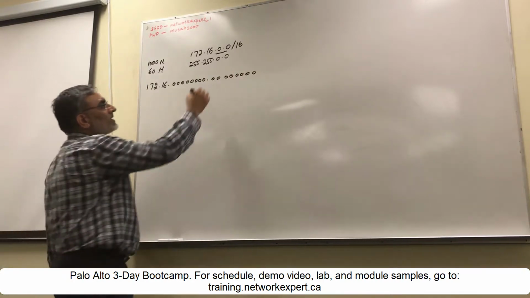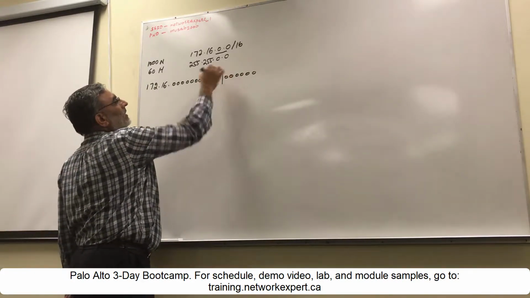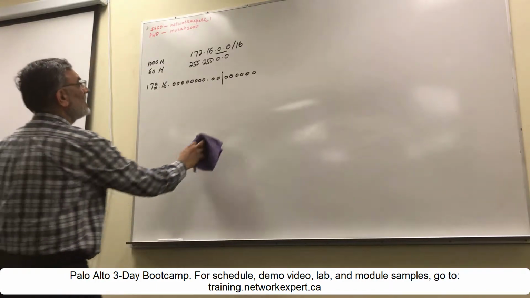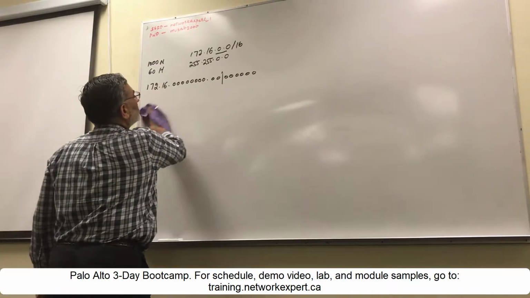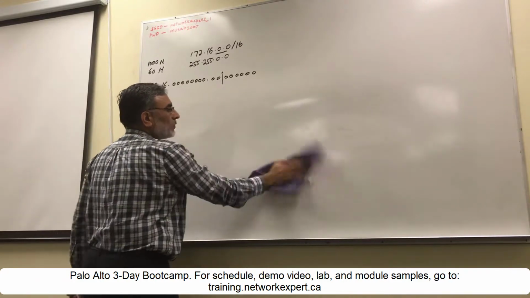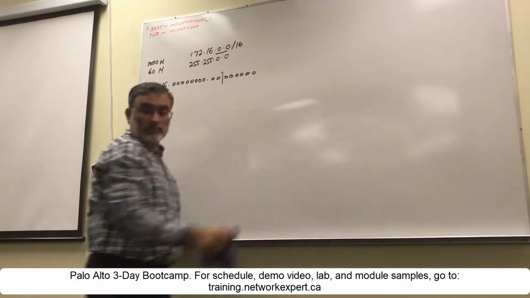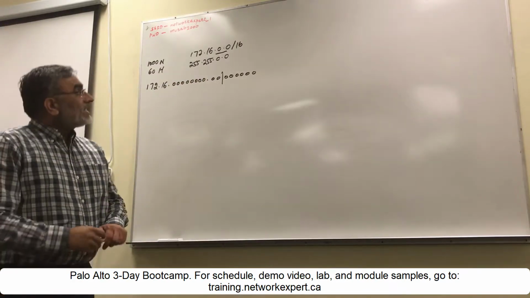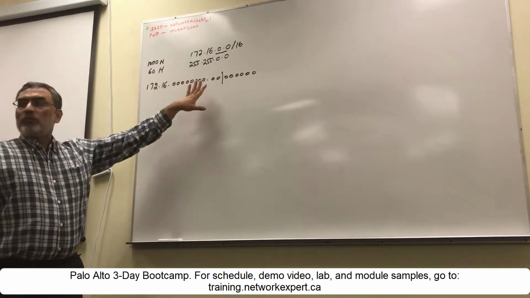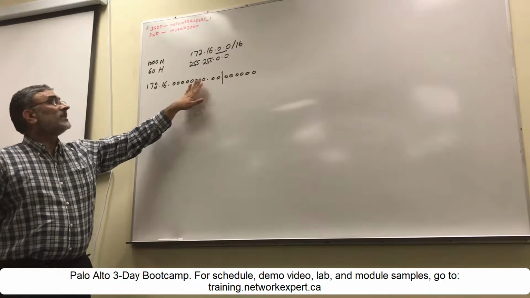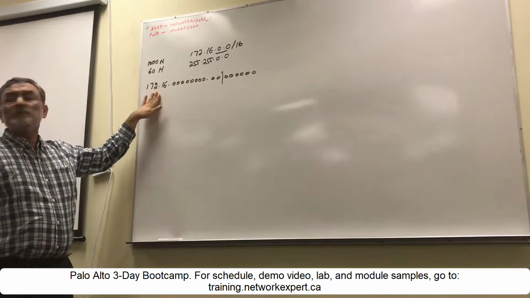If I move 10 bits into the new network portion, that will meet the requirement. If you have any questions or issues so far, let me know. Based on our requirement, we agreed that we will move 10 bits into the network portion.